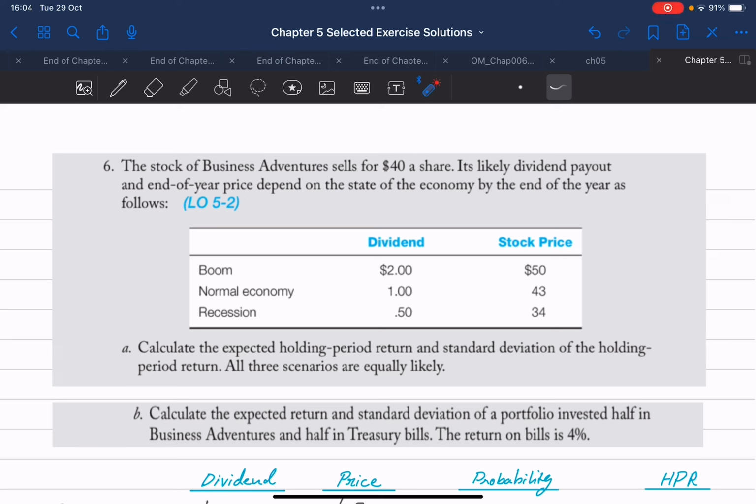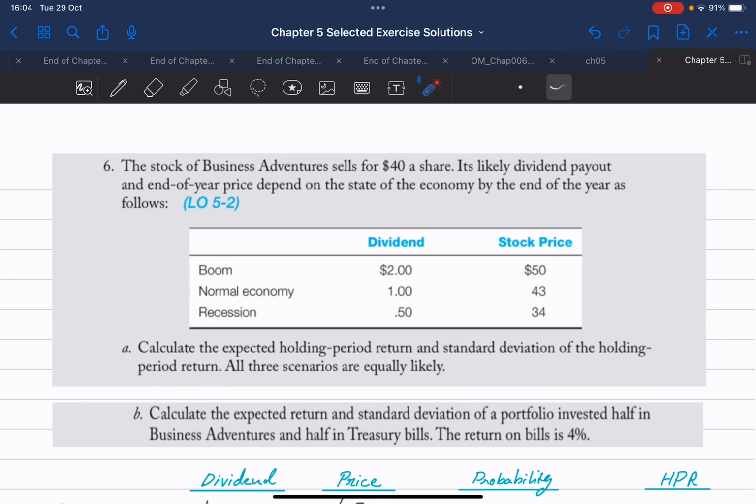The question says the stock of Business Adventures sells for $40 a share. Its likely dividend payout and end-of-year price depend on the state of the economy by the end of the year as follows. They are providing us with a table that shows 3 different scenarios: an economic boom, normal economy, and a recession.